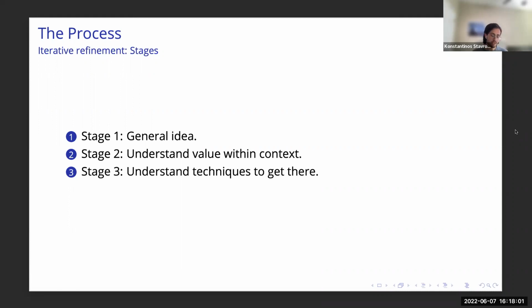And in the second stage, the way I think of it is that you really get an understanding of where the results of the paper lie within the context of the relevant related work. So you really get an idea of what similar problems have been solved and why they weren't solved before, and what the differences are between the existing theorems that prove similar results and these new results.